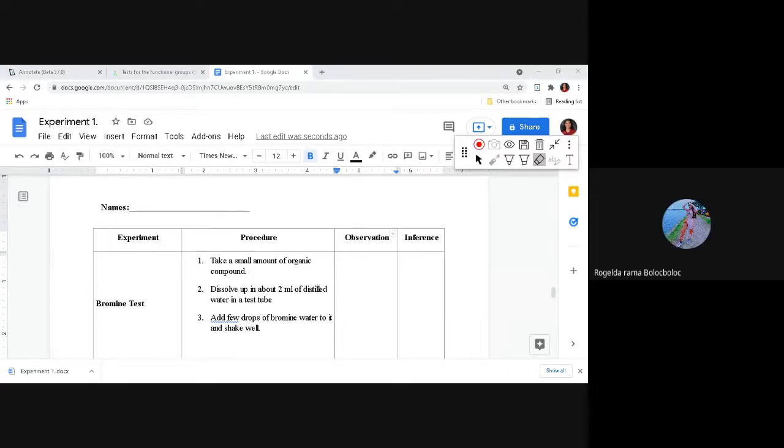Dissolve up in above 2 mol or lagi siya maklaro, ma'am, ay 2 ml of distilled. nawala, wala ko nakita. Nawala si ma'am.